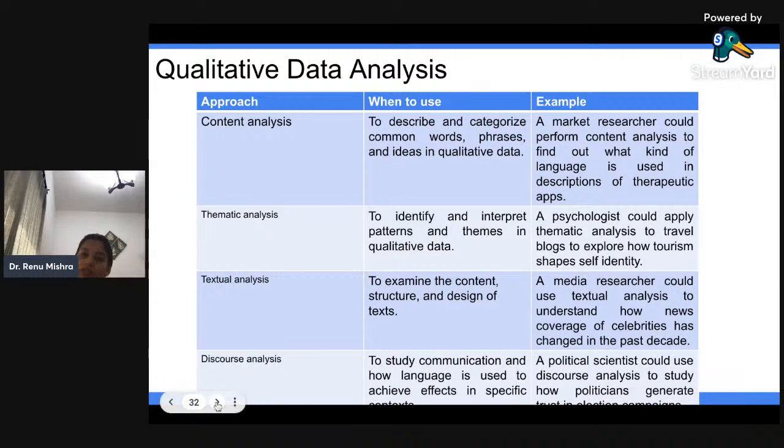Now, one thing to notice here is, whatever the approach, you have seen different examples for them. Whatever the nature of your study or your domain, you will choose the type of data analysis according to that.